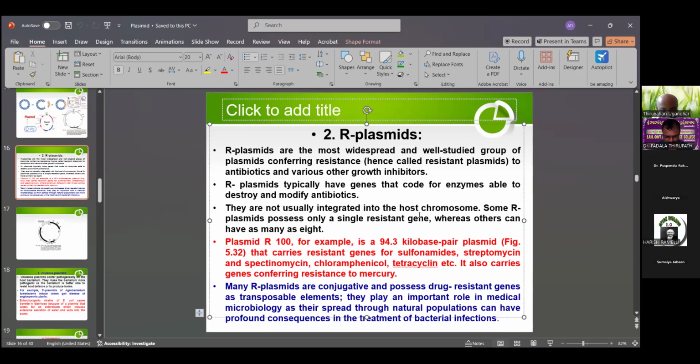Then they are not usually integrated into the host chromosome. Some R plasmids possess only a single resistance gene, where others can have as many as 8. For example, a resistant plasmid is a 94.3 kilobase pair plasmid, Figure 5.3.